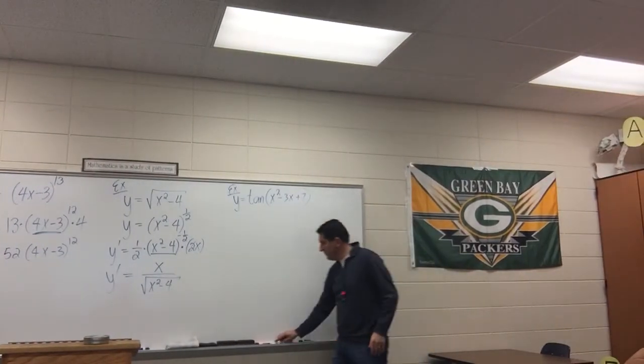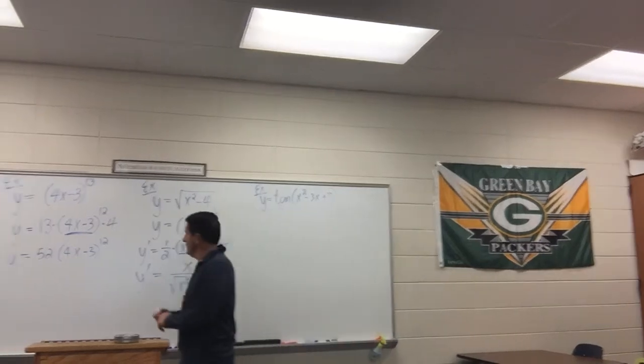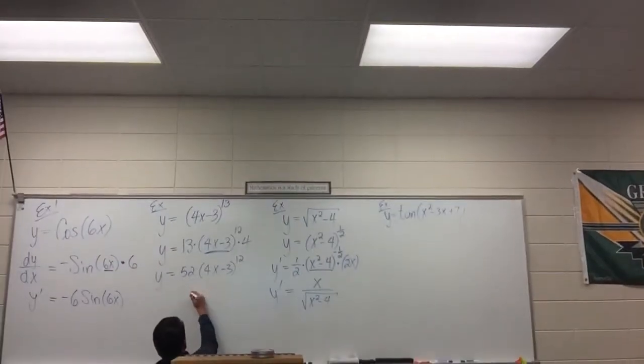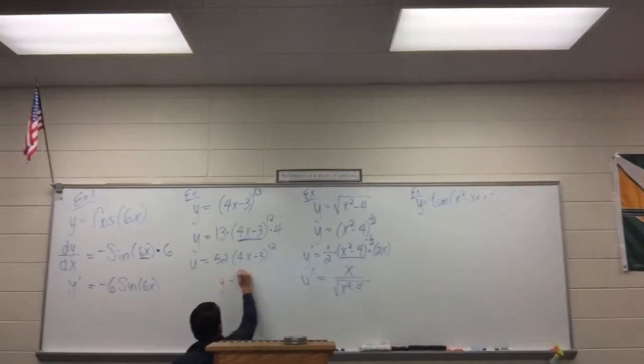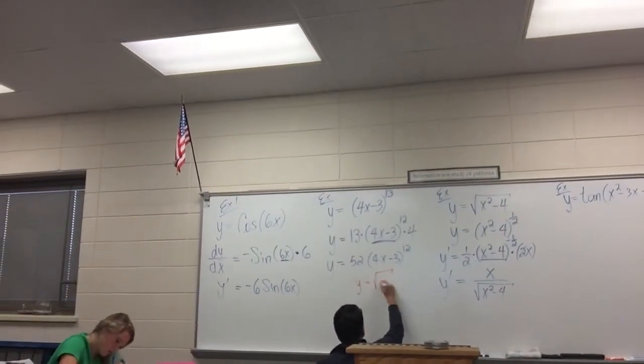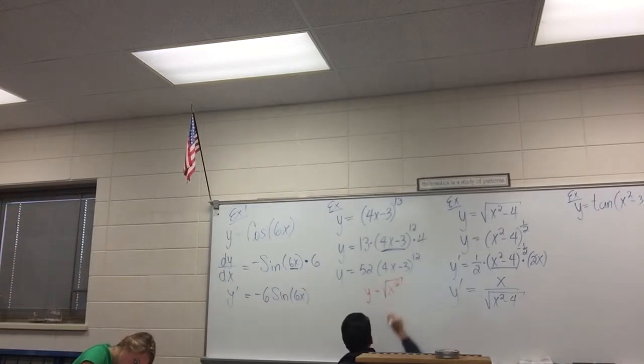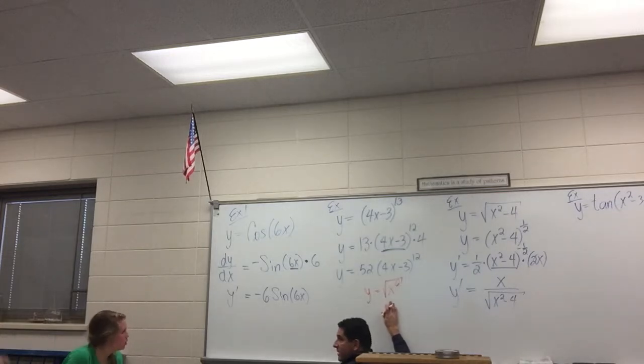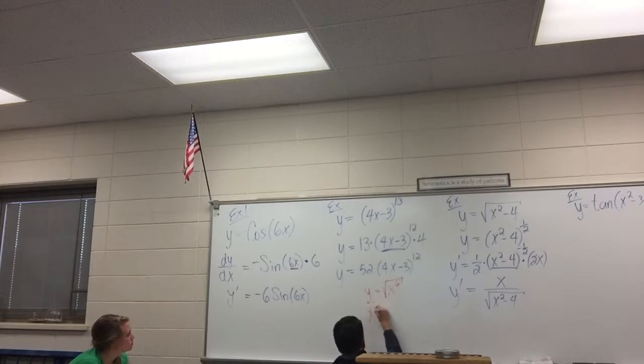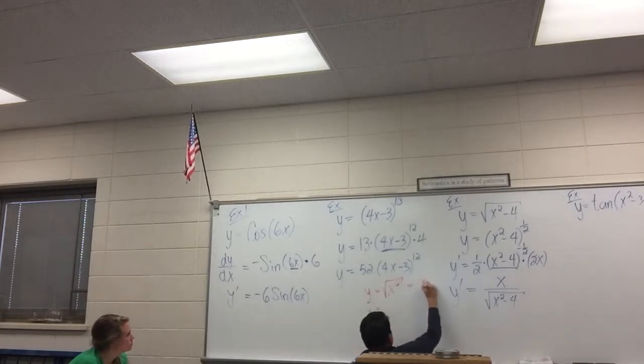Oh, you know what we should do? Okay, if you want to pay attention to this, let's do that. Y is equal to the square root of, say, x to the 6th. Let's do this using the new rule, the chain rule. I would write this as x to the 6th to the 1/2.